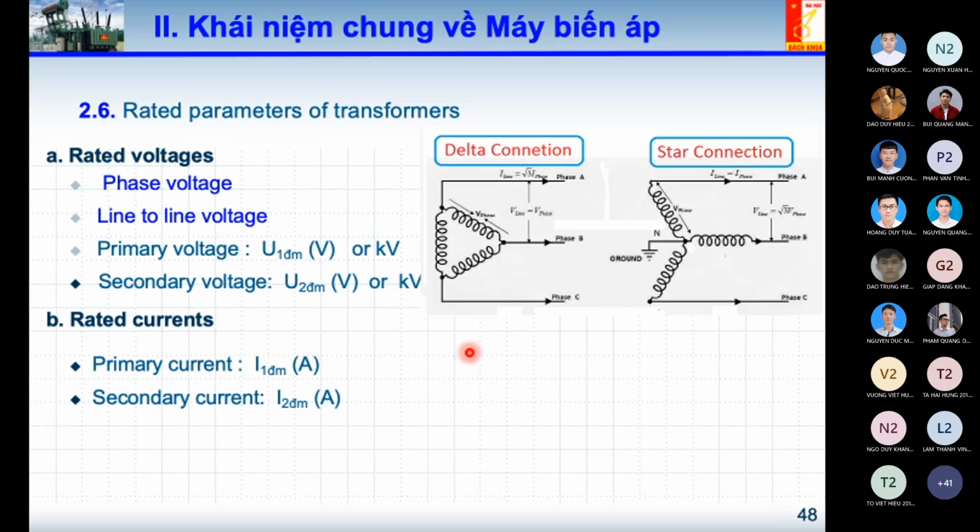For example, if the winding of the transformer is connected in delta connection, the line current is not equal to the phase current. The line current is equal to the square root of 3 multiplied by the phase current.